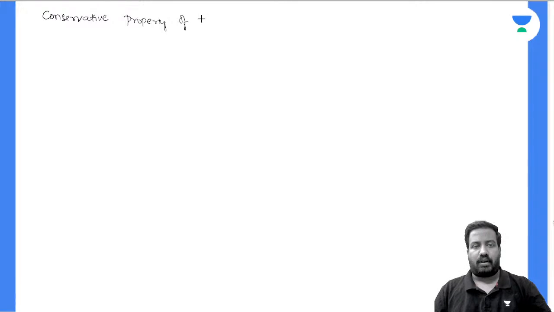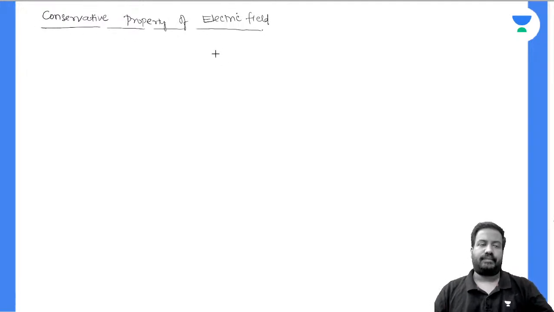Conservative property of electric field. We know the relation between work done, force and displacement: work done is equal to force into displacement.